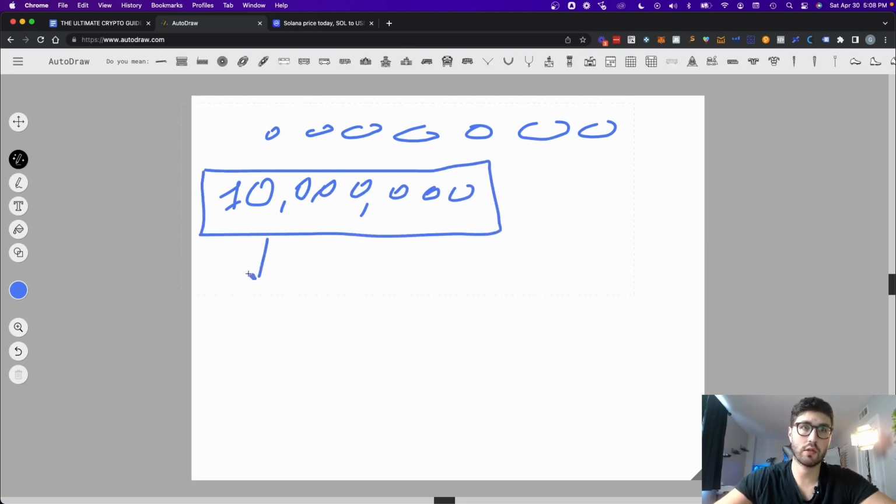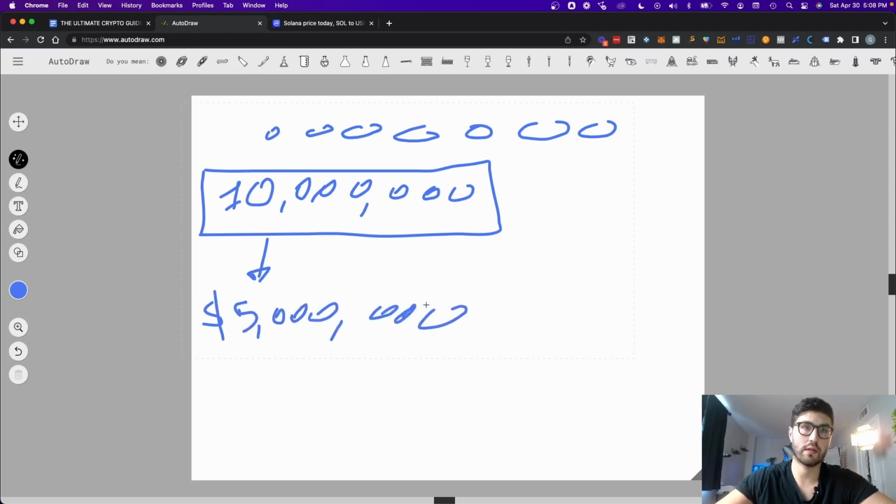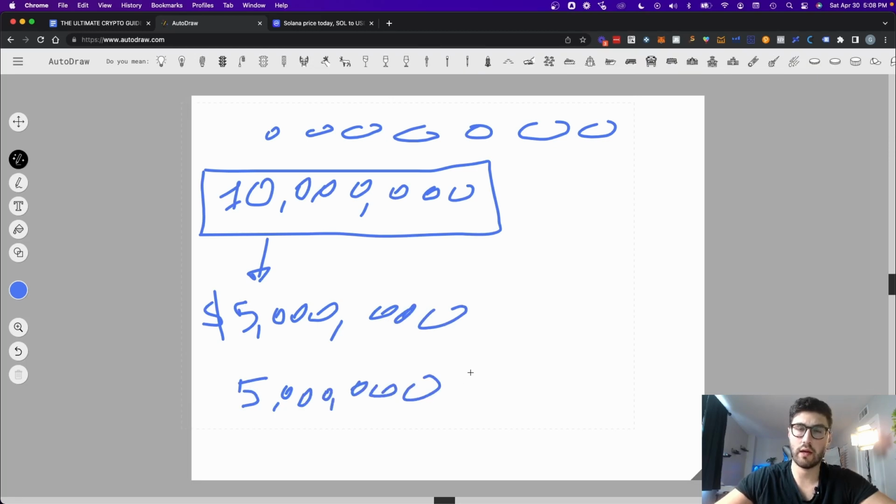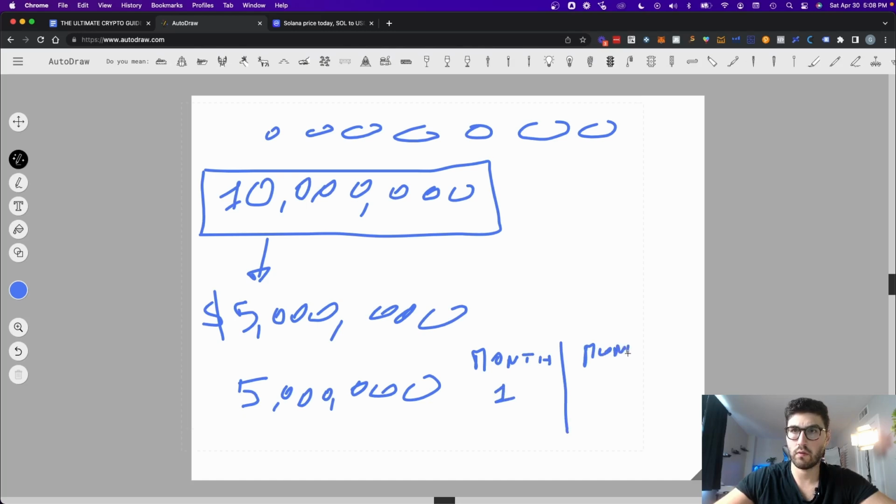But when it launches, only 5 million tokens are in circulation, and the other 5 million will get distributed over, let's say, month 1, month 2, and month 3.